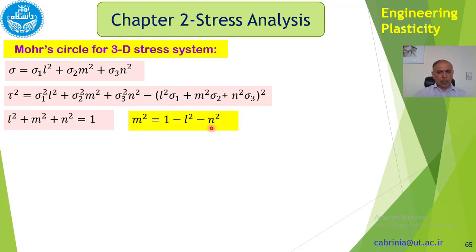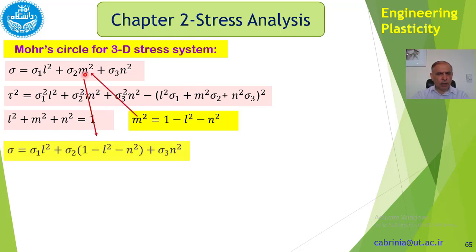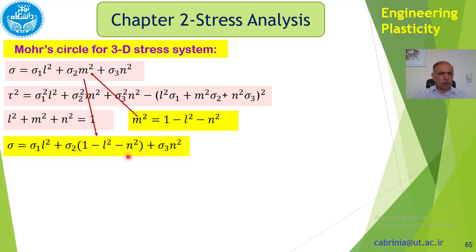Now, in order to do that, I will substitute for M squared in terms of L squared and N squared. As you can see, we could substitute here so that we get this equation.